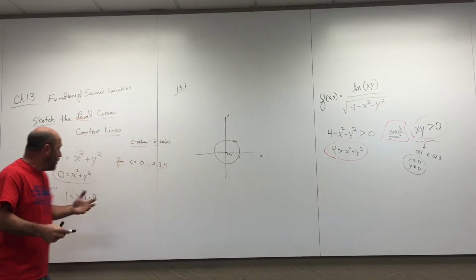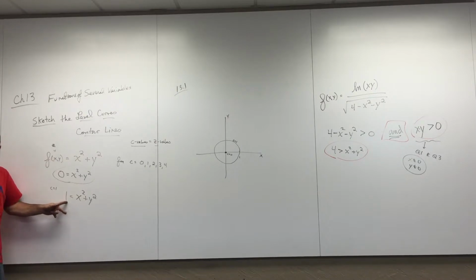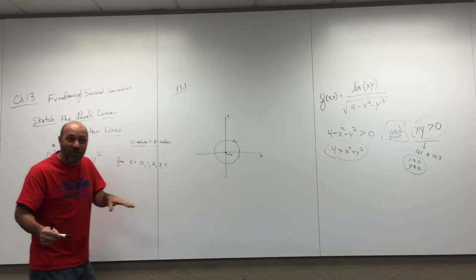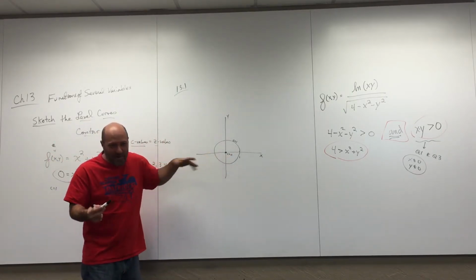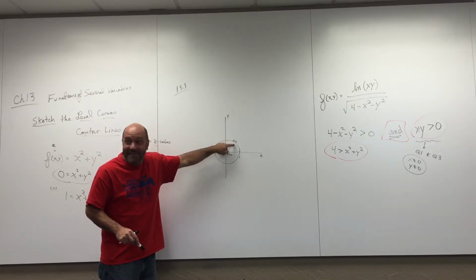But what would you be when z equals 1? You would be a circle of radius 1. You would be 1 unit above the xy plane, but when we sketch this level curve, we sketch it as if it was in the xy plane. But we label it with this little thing that tells me kind of where he is. This little label c equals 1 tells me where he is.